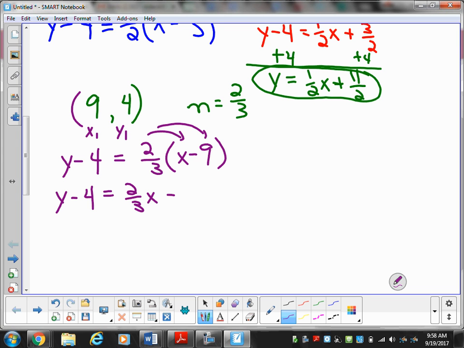If you take the 9 and divide it by that 3, you get 3. And then you multiply by the 2, so that ends up being minus 6. Good job, Victor. And then the last step is to add the 4. So y equals 2/3 x minus 2.